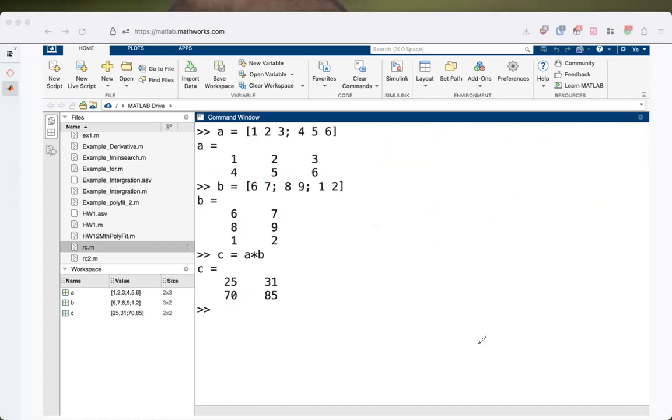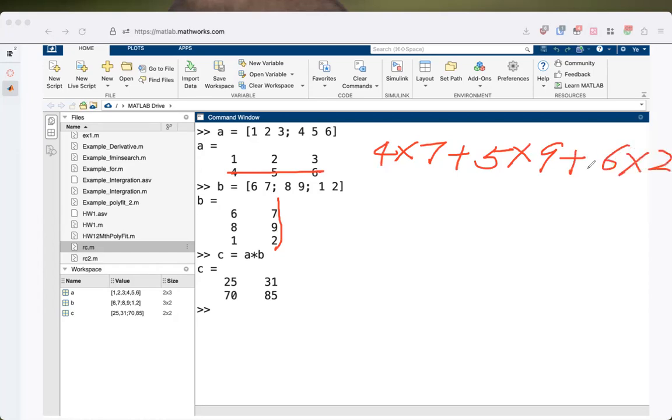The last one, C22, is row 2 times column 2. 4 times 7 plus 5 times 9 plus 6 times 2 equals 28 plus 45 plus 12.